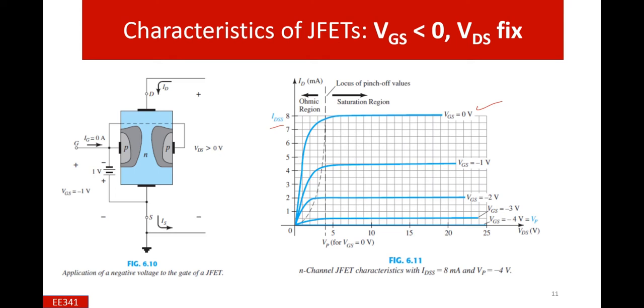If we further decrease the value of VGS between the gate and the source, to some -1, then the saturation current is lower. Similarly, if we decrease it further, the saturation current keeps decreasing. So it is increasing the depletion region.